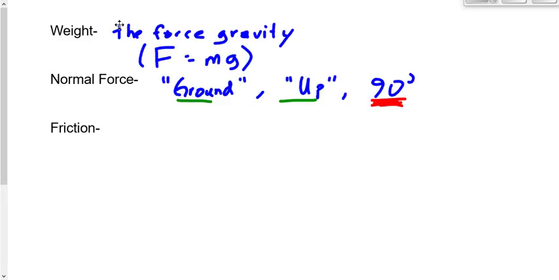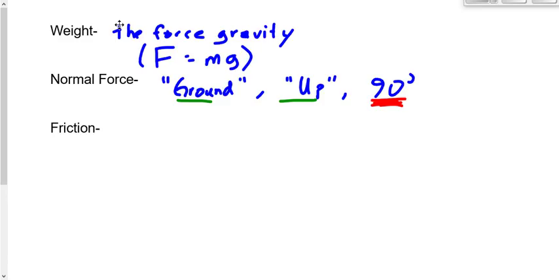Okay, but for Adam right now, the normal force is provided on him by the force of the seat. The seat is pushing up on him. If I'm in a roller coaster, then it would be the force of the seat pushing up on me from the cart, right? The normal force provided on the cart would be by the track. The track would push up on it. So it's not always the ground, but we say ground because it usually ends up being the ground.